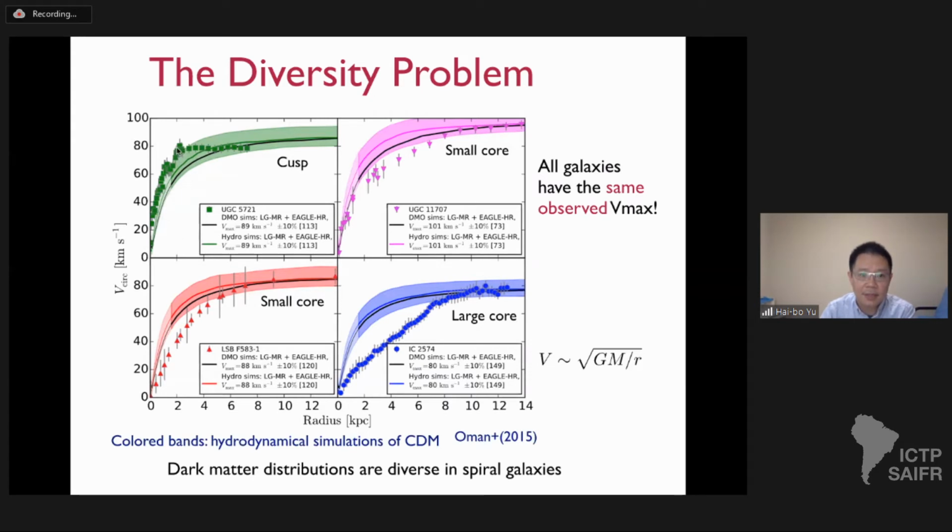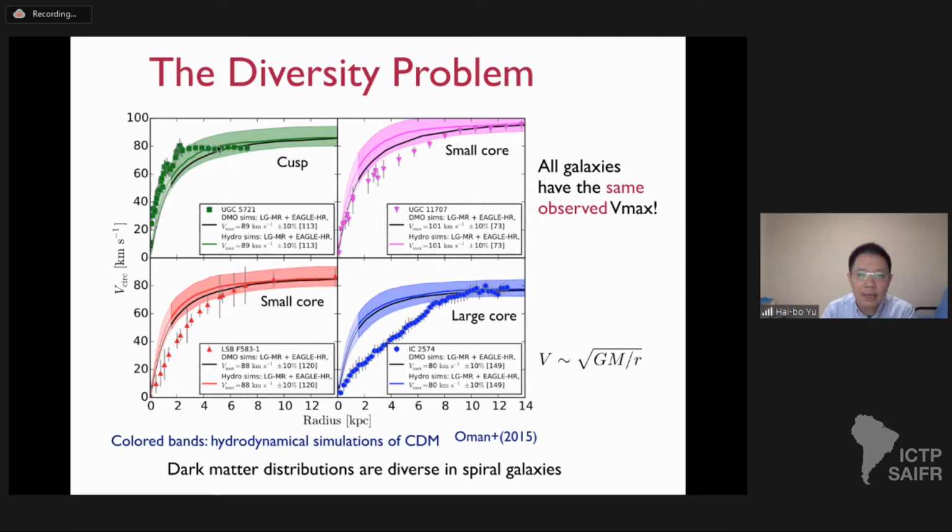At 2 kpc, it has already reached Vmax, while for this galaxy, it saturates to Vmax around 8 to 10 kpc. These two are in the middle, and their rotation curves increase mildly, but not as mildly as this one.